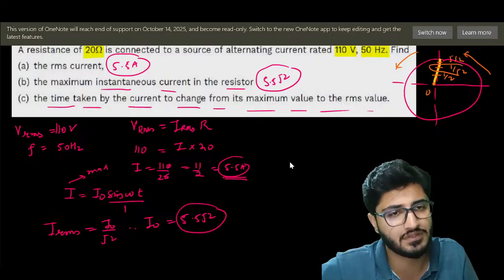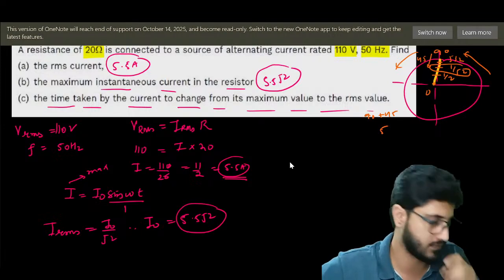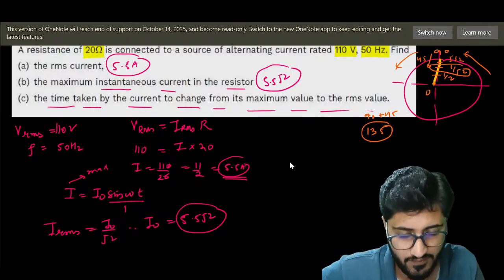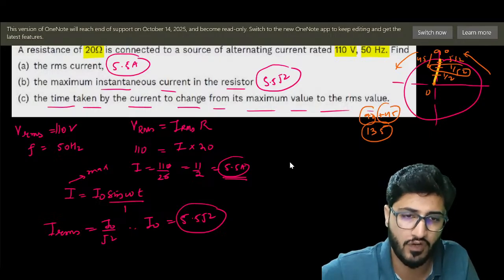This is my RMS, right? So this is 90, then this one would be 0, 30, 45. So 90 plus 45 is 135 degree. So look now, already you are at 90, so you have to go 45 more.